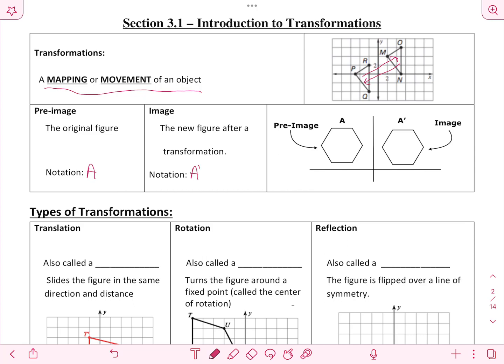For example, A with an apostrophe, and how we read this is A prime. So if we look at the diagram next to our definitions of pre-image and image, our pre-image is A, and our A prime is our image. It's the second one, after we performed a transformation to it.